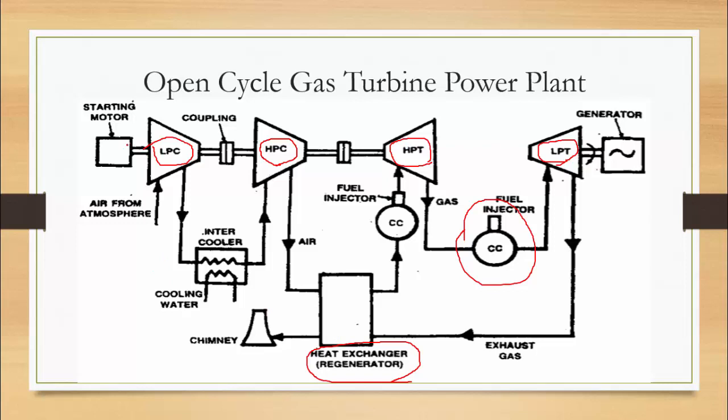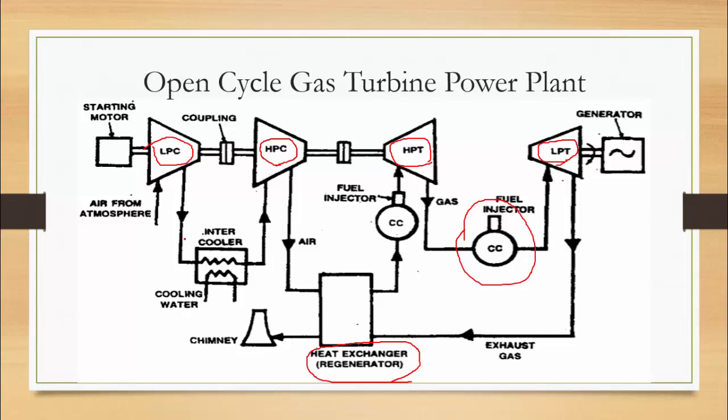In the low pressure compressor, a starting motor is attached, right? When the starting motor starts the low pressure compressor, this LPC will suck the air from the atmosphere, and it will increase the pressure of the atmospheric air to some amount, right? Now the pressure and temperature will also be very high.